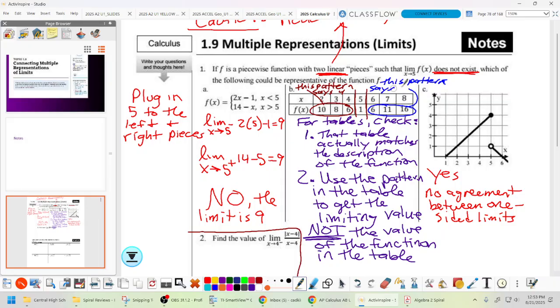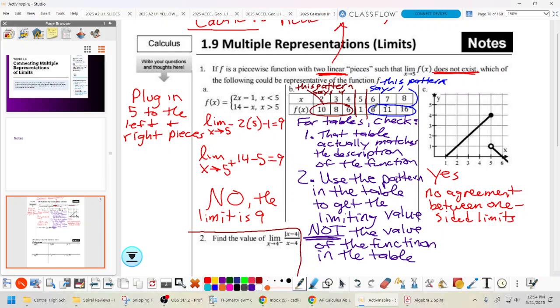Okay? Can you visualize what's going on here? 10, 8, 6, 4 from the left. From the right, 16, 11, 6, 1, if we're dropping by 5 each time.